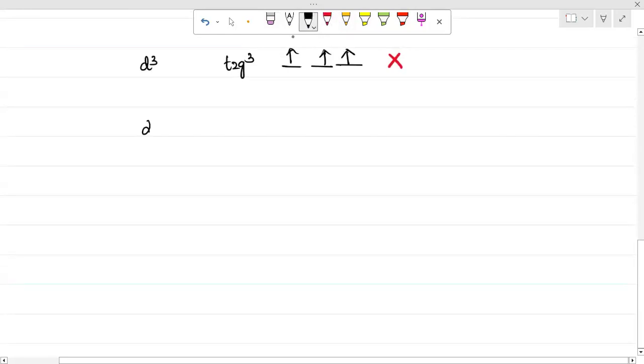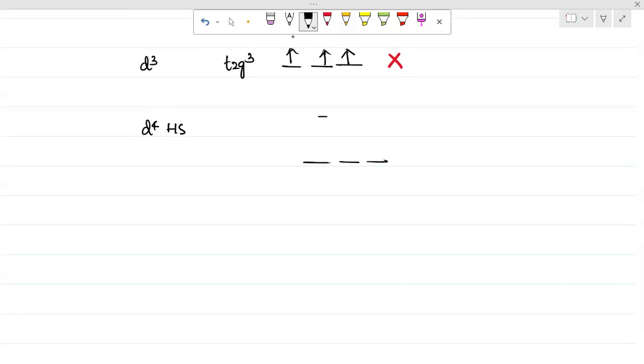Let's say you have D4 high spin. So if you have D4 high spin, you have T2G3EG1. Now see, for orbital contribution, you are not at all concerned about the unsymmetry in EG. You are concerned about the unsymmetrical electron distribution in T2G only. So here we can see that there is no kind of unsymmetry, and hence here also there won't be any orbital contribution.